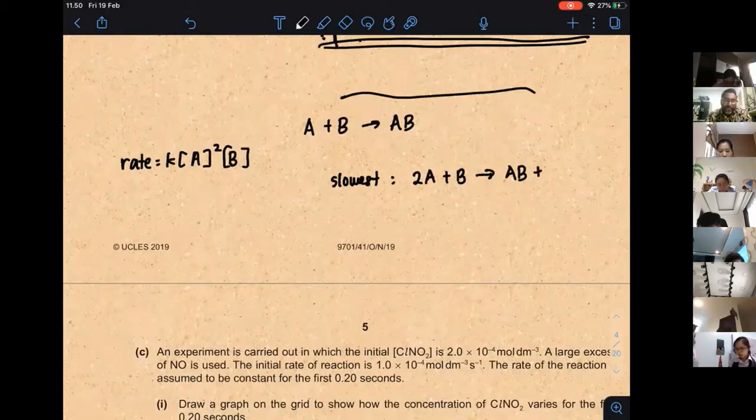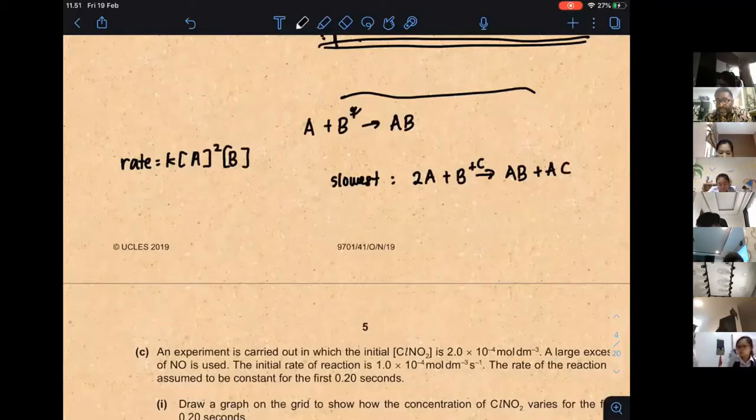So maybe what I will do is include something else. I don't know, I'll just give you one example here. So maybe I include plus C. When I have plus C, then I will have another one as AC.